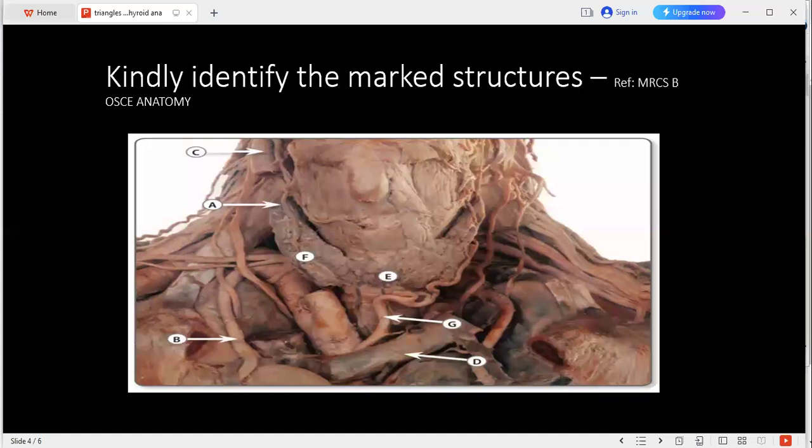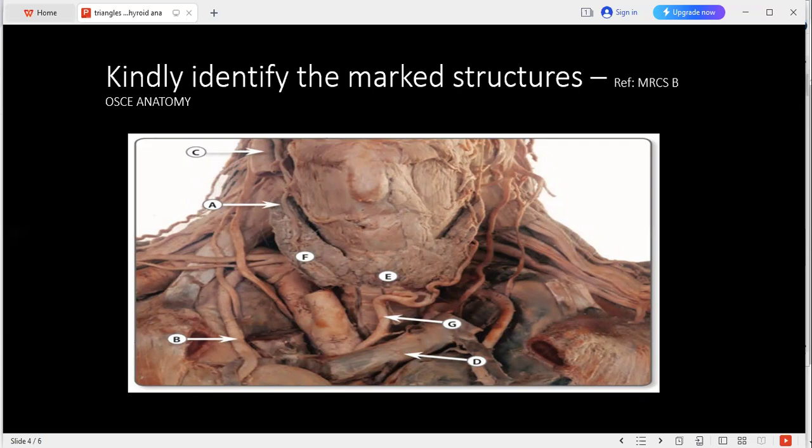It is a pyramidal-shaped organ present in the anterior part of the neck. It has a right and left lobe, and in the middle it has the isthmus, which joins the right and left lobes. The isthmus is present in front of the second to fourth tracheal rings. It is enclosed by the pretracheal sheath.